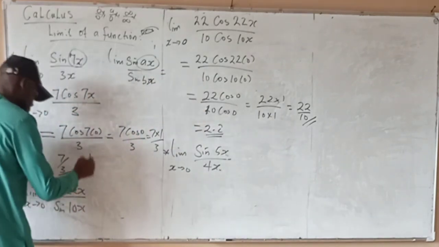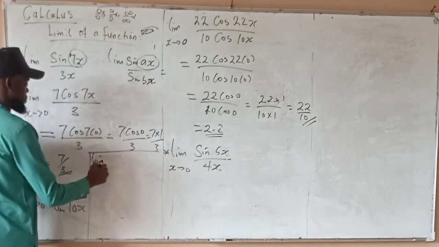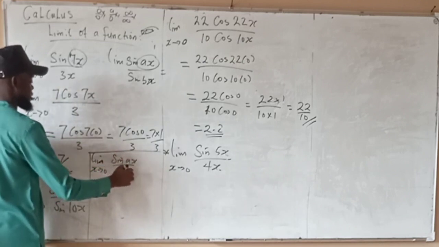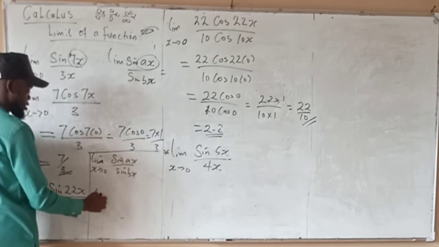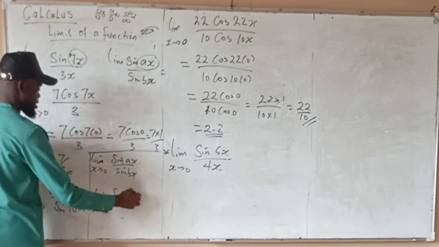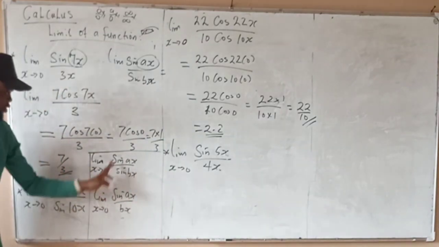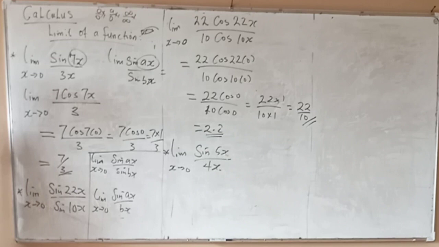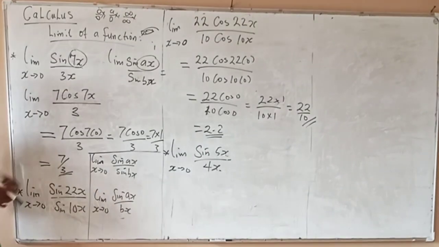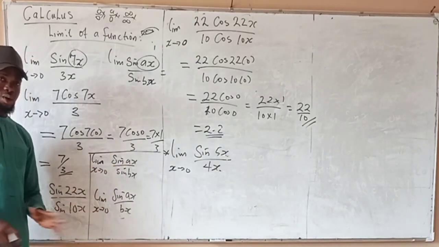If I have the limit as x approaches 0 of sine ax over sine bx, or the limit as x approaches 0 of sine ax over bx, I already told you it must be sine terms. And tan will also work. Tan and sine will work here.